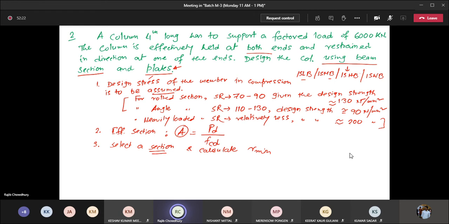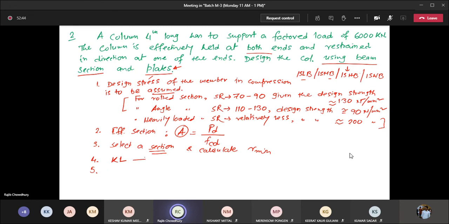Fourth step, knowing the end condition and type of connection, that is the boundary condition, determine the effective length. Then again, whatever design strength you have assumed, you have to cross check it.